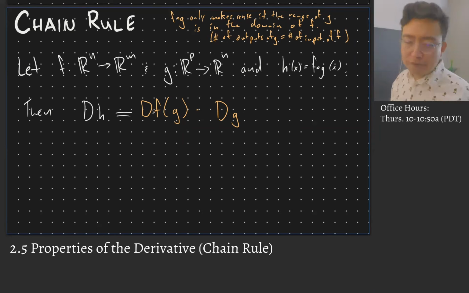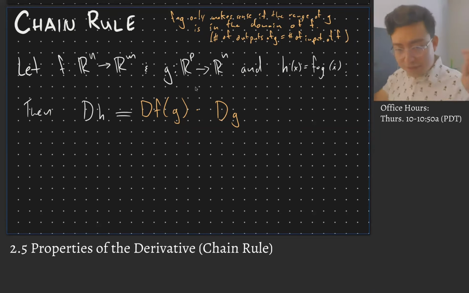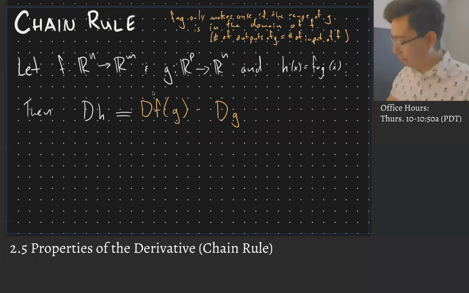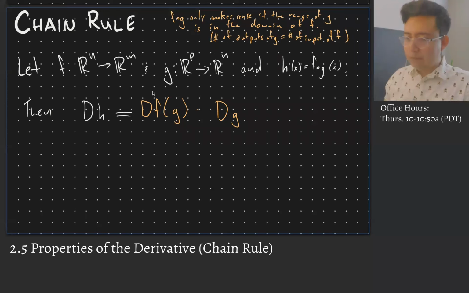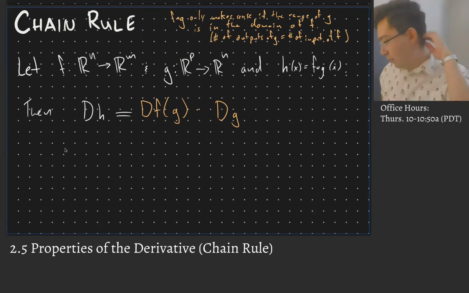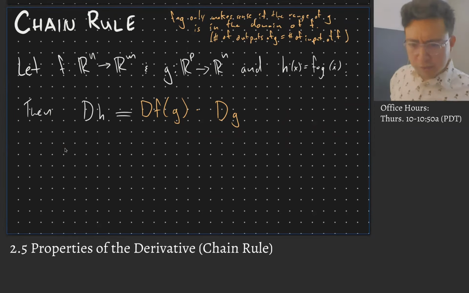You take the derivative of the outside with the inside stuff plugged in times the derivative of the inside, except now that those derivatives are matrices, and so that multiplication is going to be matrix multiplication. I think the best way to see this is we can go through some examples here.